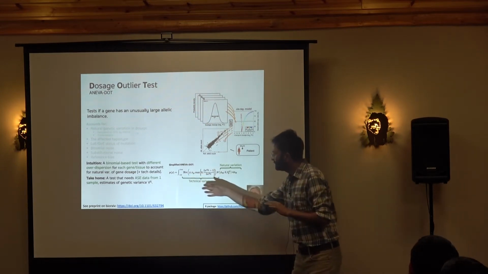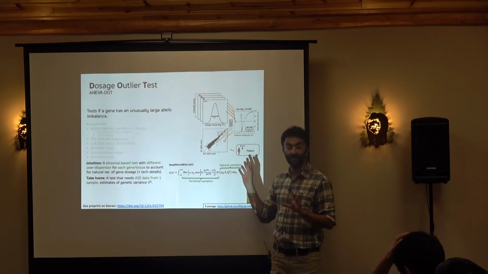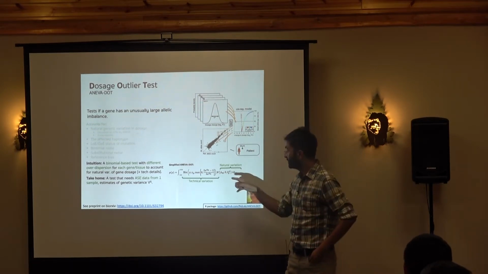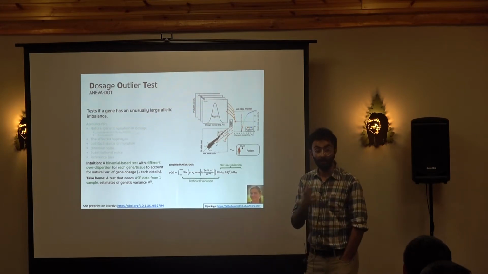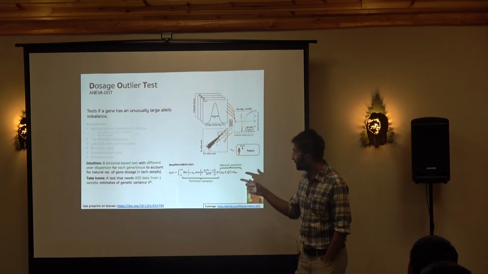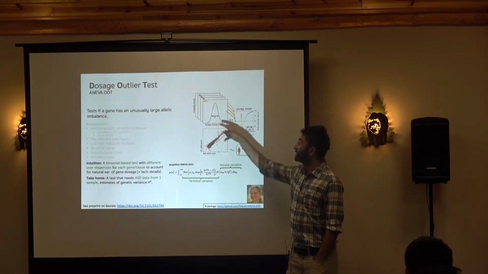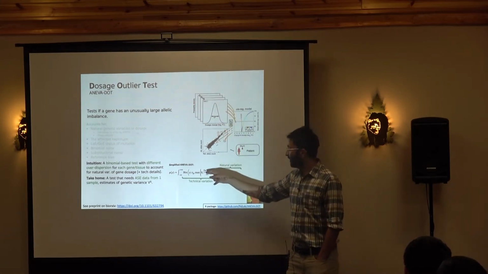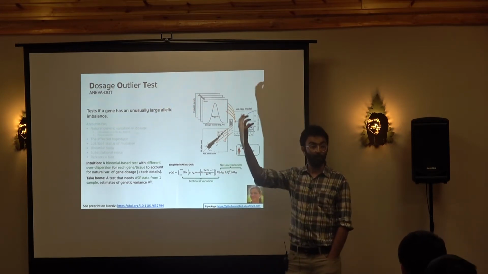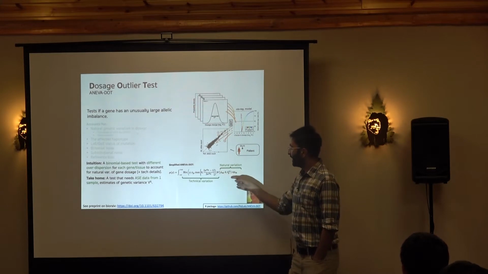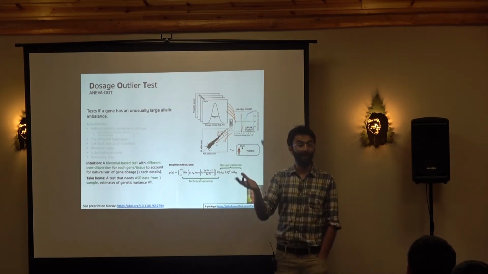This is the main idea of the test: it's a binomial-based test. It has one part that is a binomial, which takes into account the type of noise that you have due to sampling. It has another part that takes into account the natural variation that we learned before. And there is a part in the middle that takes into account our model that says, if you have this much variation, this is how it should reflect in your allelic ratios.